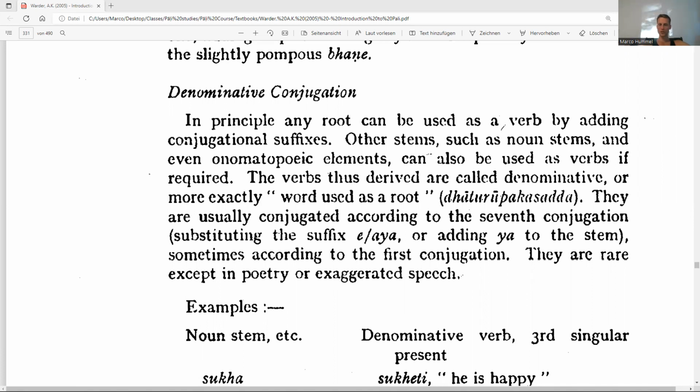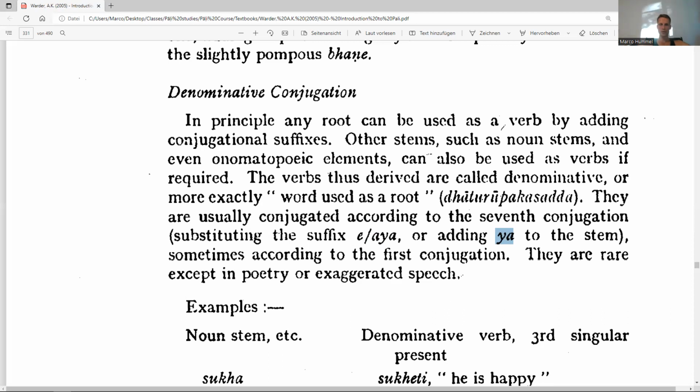They are usually conjugated according to the seventh class verb conjugation, substituting the suffix e or aya, or adding ya to the stem, and sometimes according to the first class verb conjugation.